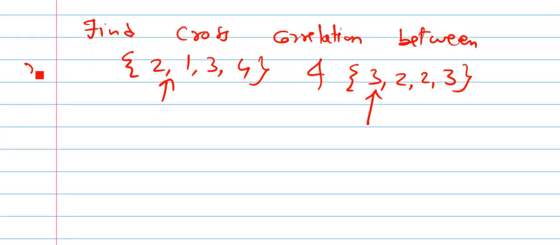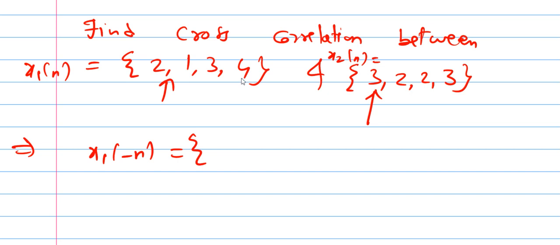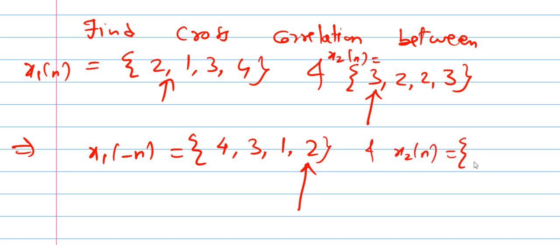This is our x1n and this is our x2n. Always fold the first sequence. So x1 minus n is, writing 2 1 3 4 in reverse order, 4 3 1 2. Arrow remains the same, and x2n is 3 2 2 3. Don't fold x2n. Always fold x1n.